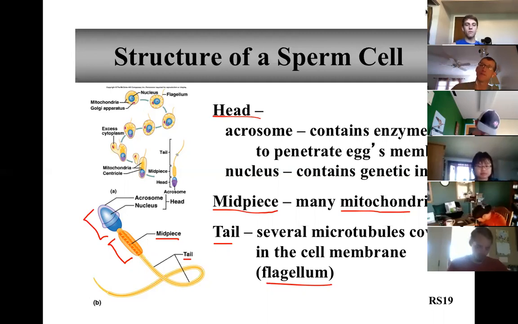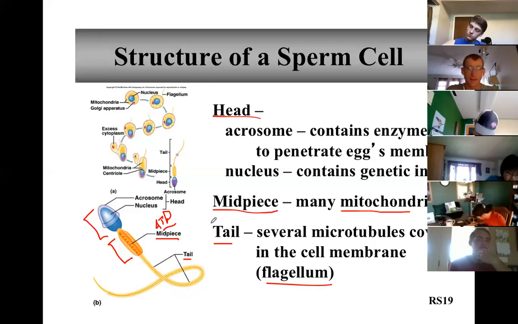And ATP is cellular energy. And that energy is going to be used as the fuel to turn that flagellum. Okay, so if you wanted to, I know my handwriting's just terrible on this, but you could write next to midpiece ATP, because that's what he's doing. He's giving us the energy to fuel that cell and keep that thing swimming.